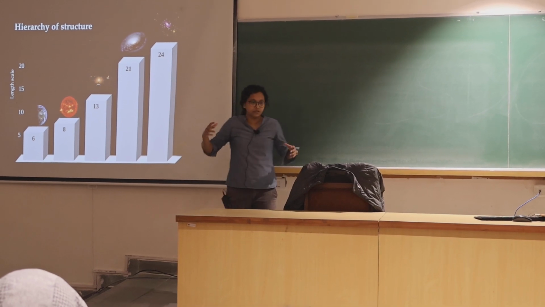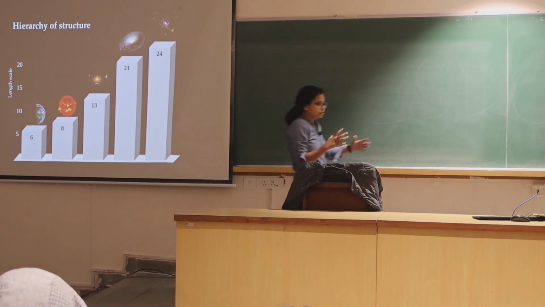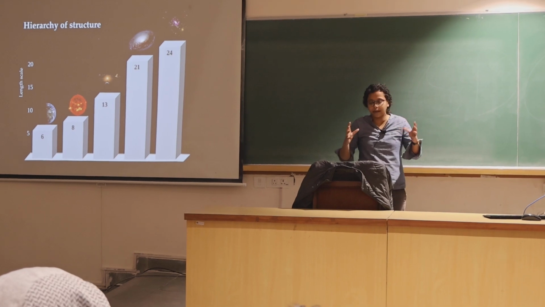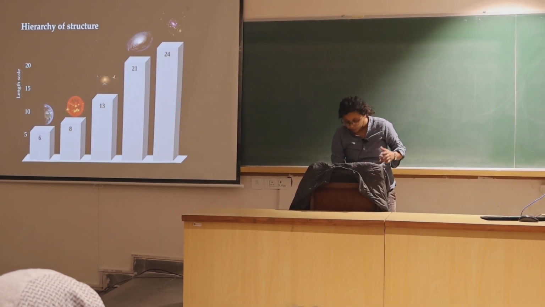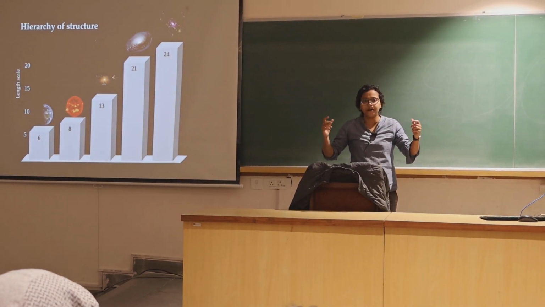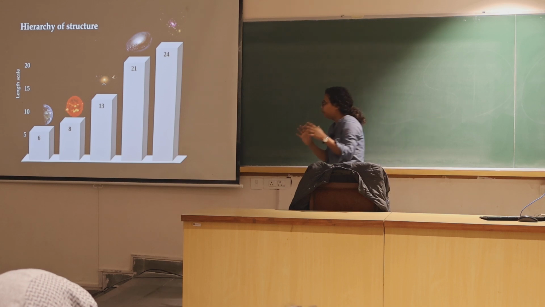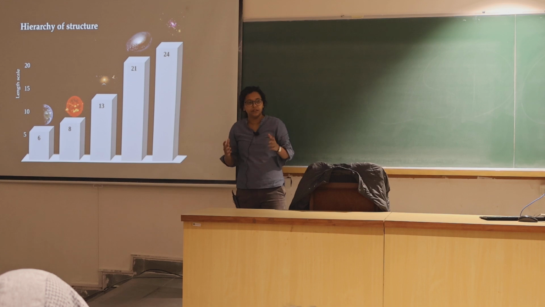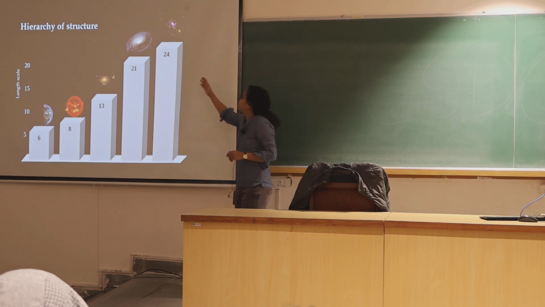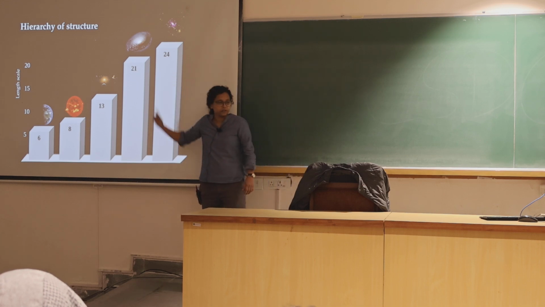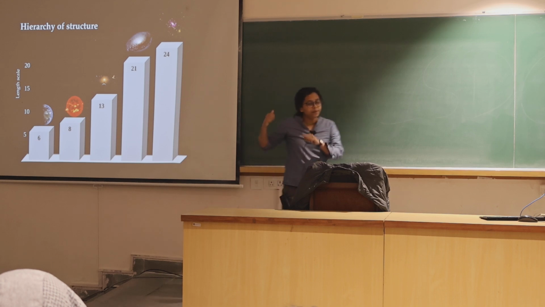Then we also see clusters of galaxies, a few hundred or thousands of galaxies present in a clump. We call them galaxy clusters, and their size is around 10 to the 24 meters. So, what is beyond this? What stops us from looking beyond 24?